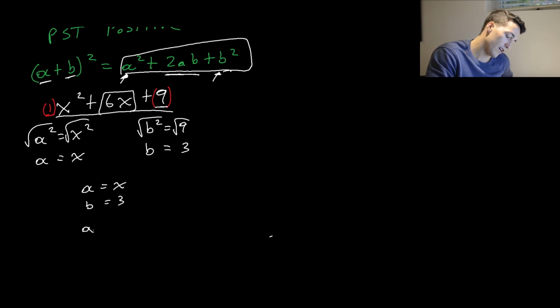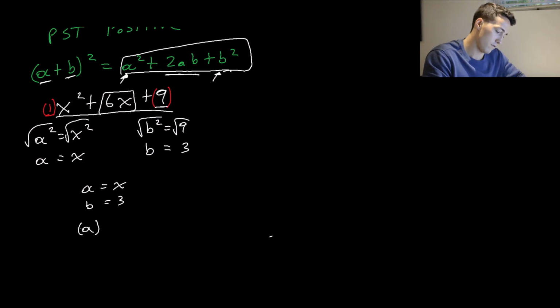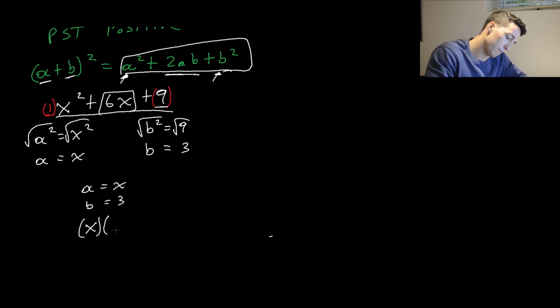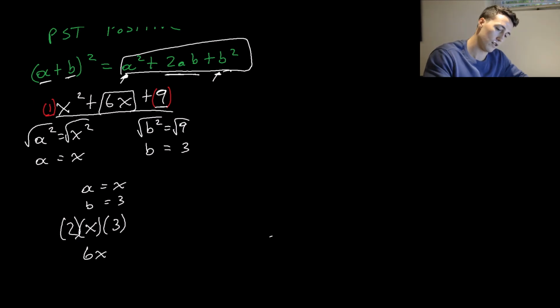So now we say, okay, x, which is our a term, times 3, which is our b term, multiplied by 2, because we're trying to see if it follows this pattern. So we're going to get 6x. 2 times 3 is 6, times x is 6x. So we have 6x. And that matches this value in here.